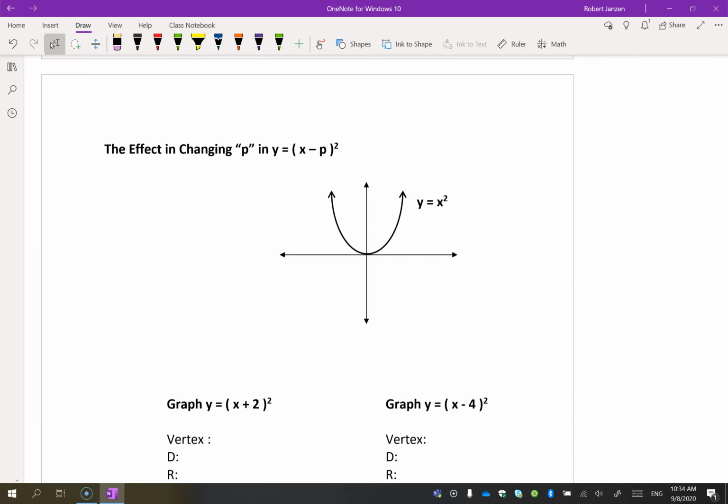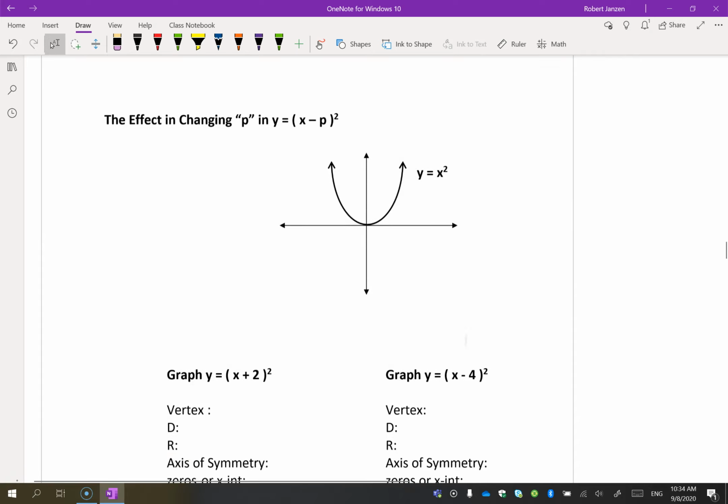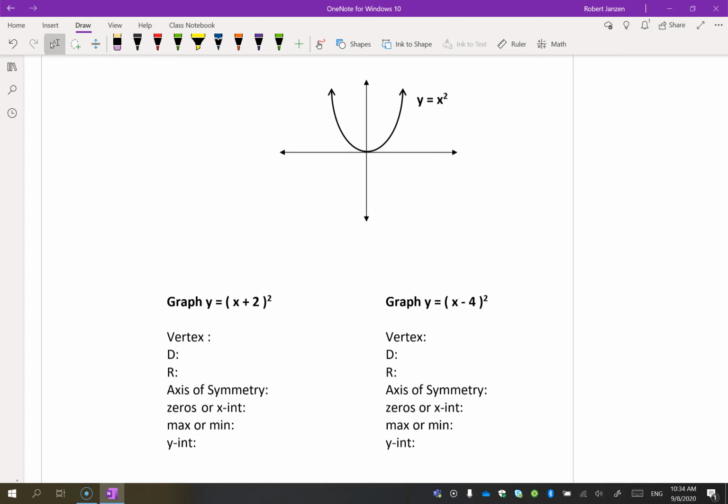All right. Another characteristic that we're going to affect is what are we going to do if there's a p-value? So inside the brackets, if we put a p-value in there. Okay. So let's take a look at this example. What does this 2 do to the graph?